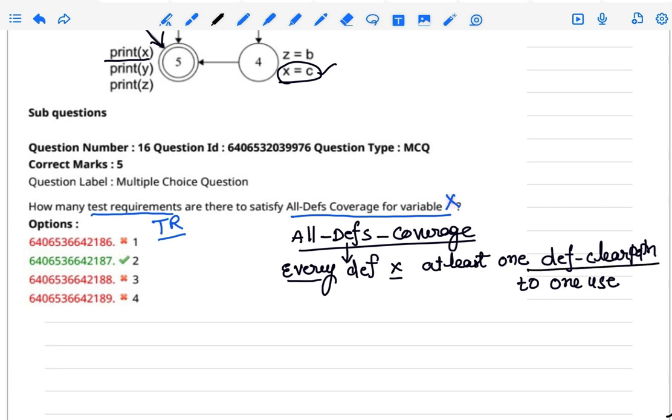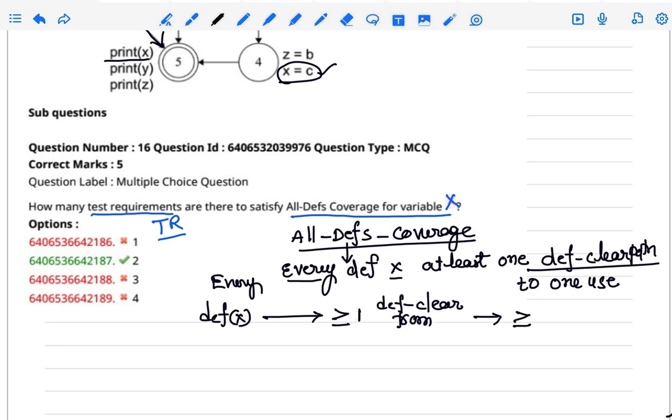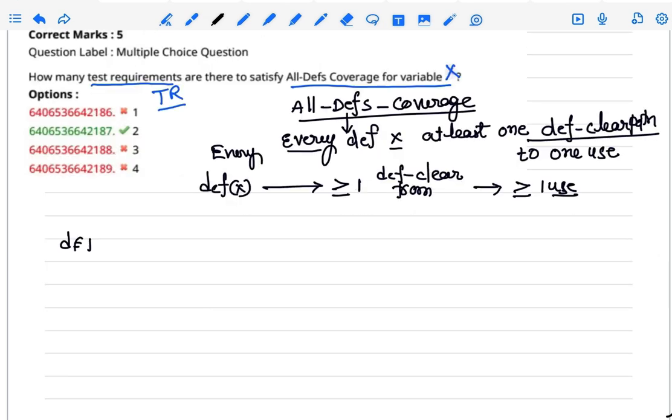So that is every definition of x. For every definition of x, there is at least, meaning greater than or equal to, one def-clear path from every definition to at least one use. At least one use, friends, that is greater than or equal to one use.